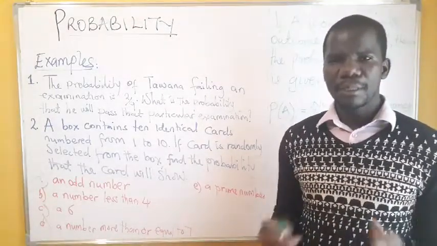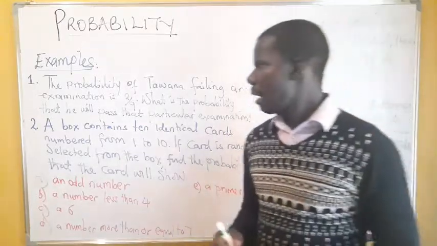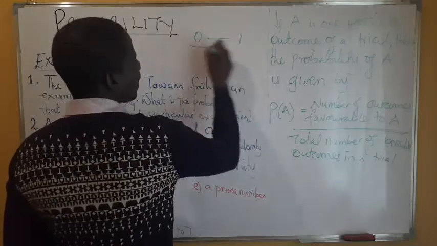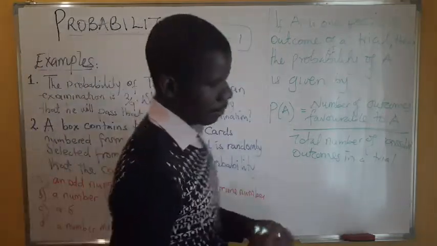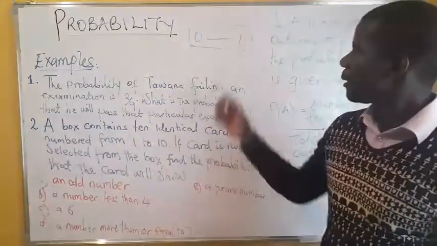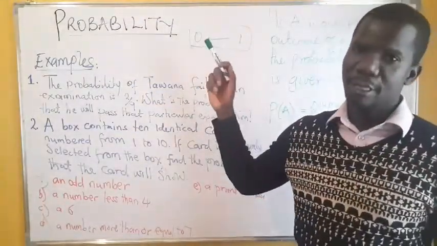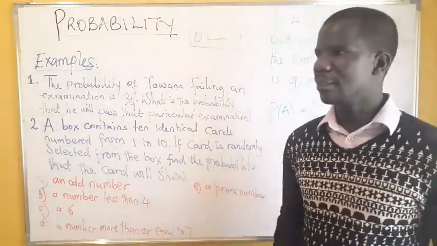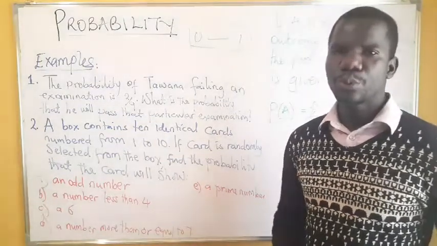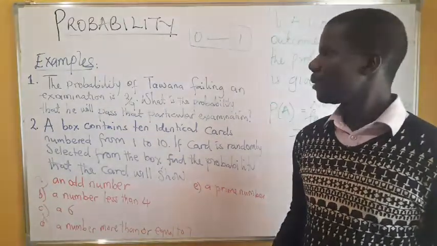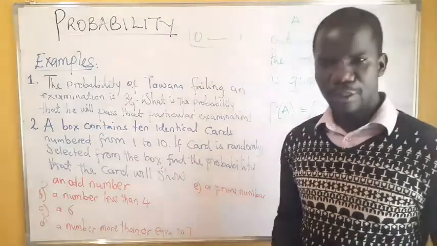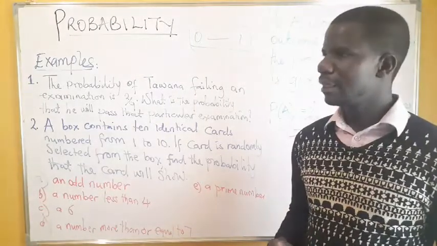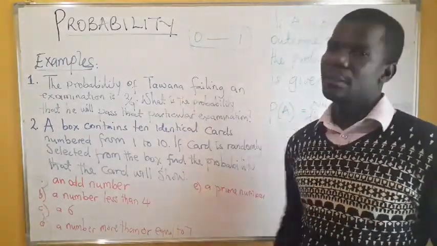Okay? So it is very important to know that our probability will always range from 0 to 1. So whatever we are giving should be ranging between this. So we are looking at fractions here, or decimal numbers, or rather percentages, because 20% is as good as 0.2. So if someone asks you what is the probability that you're going to pass your exam, and you say 7, I don't think that is correct, because our probability falls between 0 and 1.